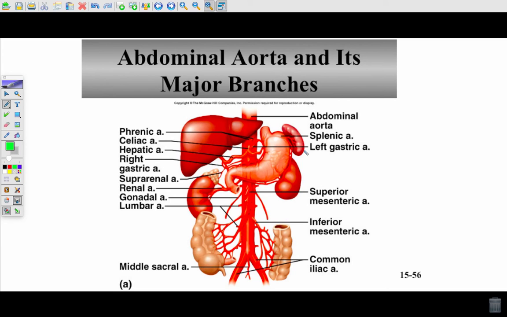Well, that's it for right now. Oh, common iliac arteries, we'll talk about those. And a couple more we've got to do. So here are those major branches. I'm just going to circle the ones we're going to talk about.